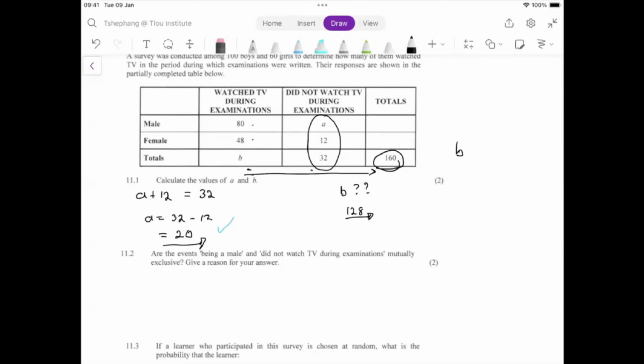I'm getting no, but why is it a no? Yes, absolutely. So we will say no. Why we say no? The probability of male and did not watch TV is equal to what? Let me just clear this up.